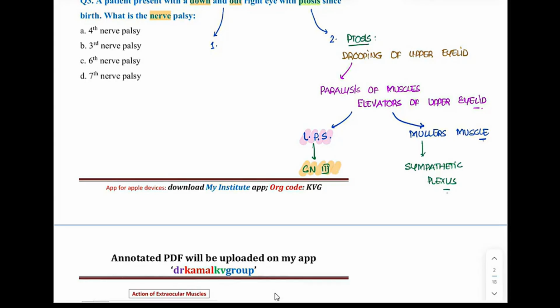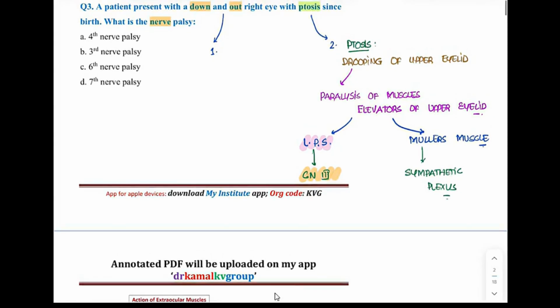This is one way. Now, if we see here, the down and out right eye. So down and out. Now, down means depression. The eye is going downward. Out means lateral rotation or lateral movement. Clear? So, lateral movement or abduction.